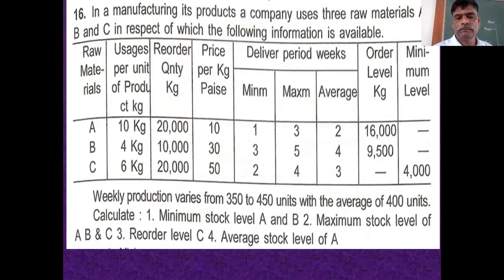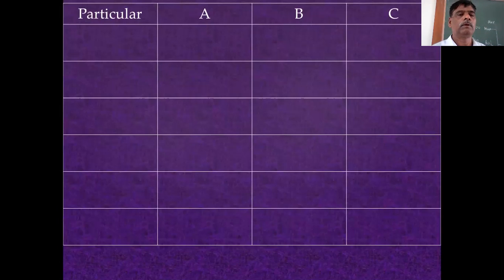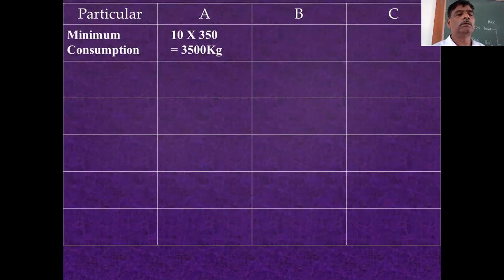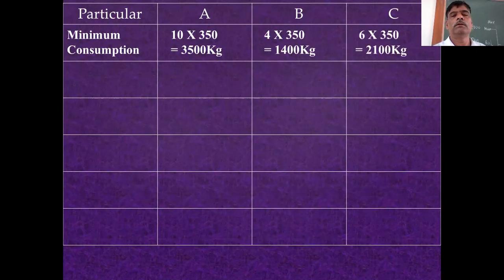You see the table. This is the table. Minimum stock level: 10 into 350, 3,500; 4 into 350, 1,400; 6 into 350, 2,100. Check that, right or wrong? I multiplied by the quantity.